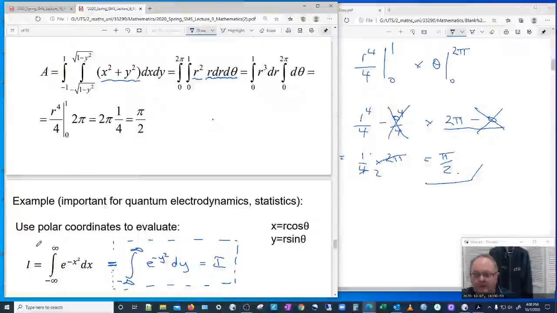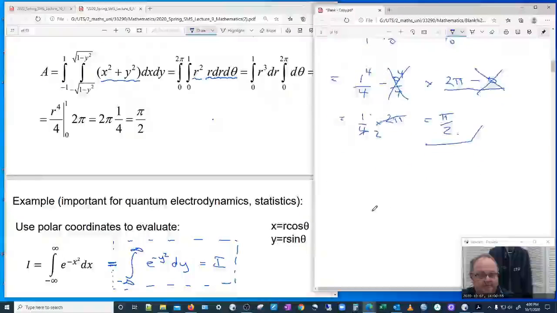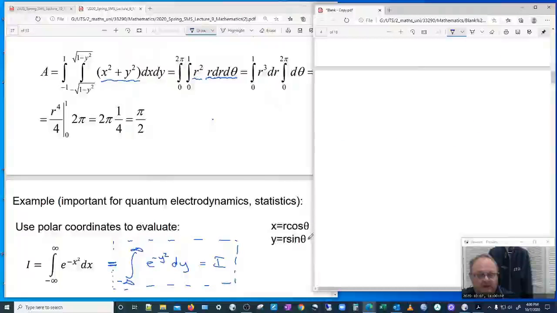Okay, so what we're going to do is come over here. I'll just start a new page, I think. So to make life easier, we're going to do I squared. Multiplied, so remember that there's a multiply because I'm doing Fubini's here.